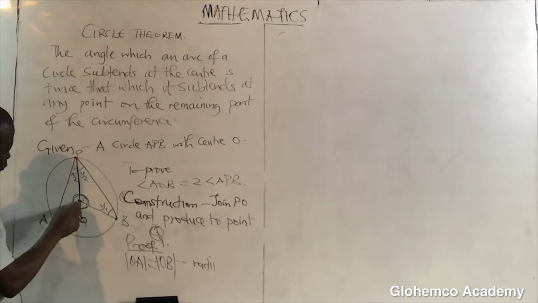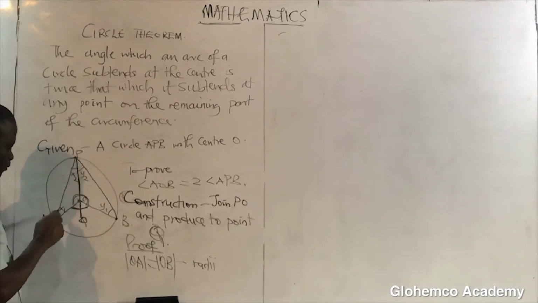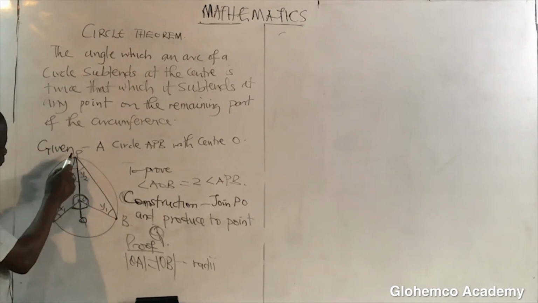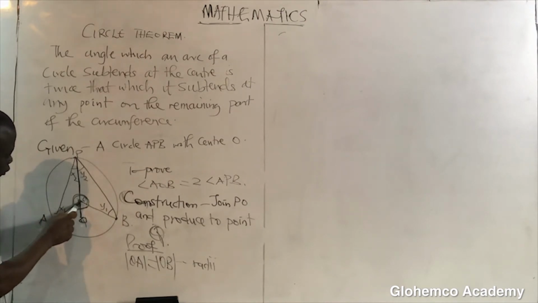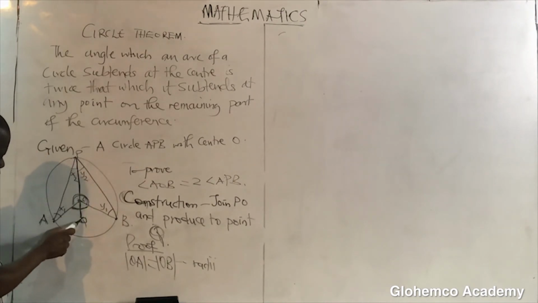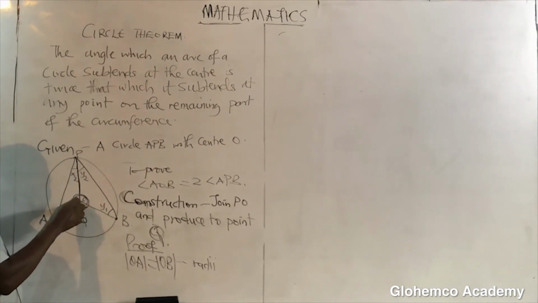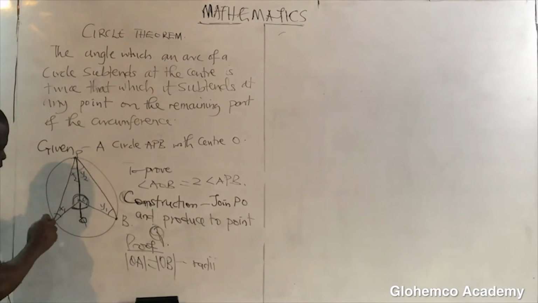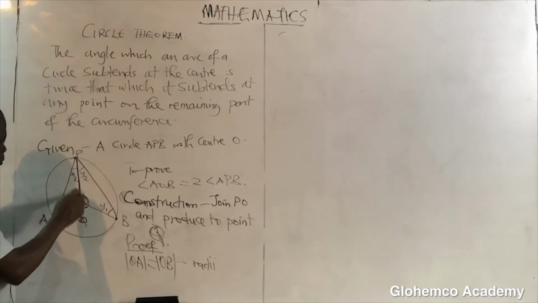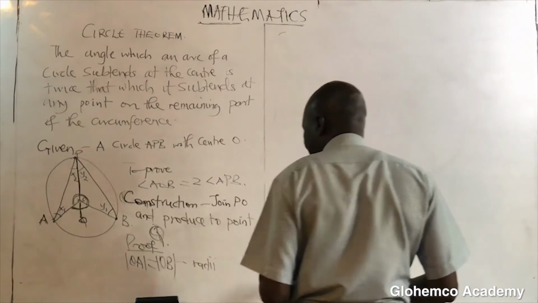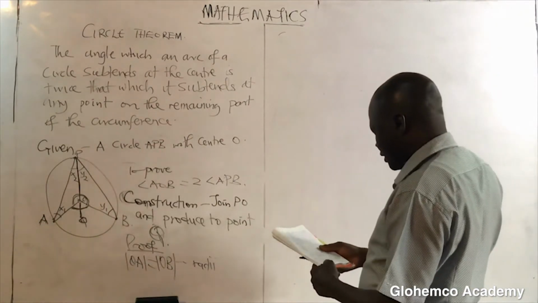Likewise, from the center to this place, it's also a radius, not from Q. There's a difference between PO and PQ. So what I'm saying in essence is that any line drawn from the center of a circle to the circumference is a radius. OP is a radius. So OA is equal to OP. That is the reason why we say that.